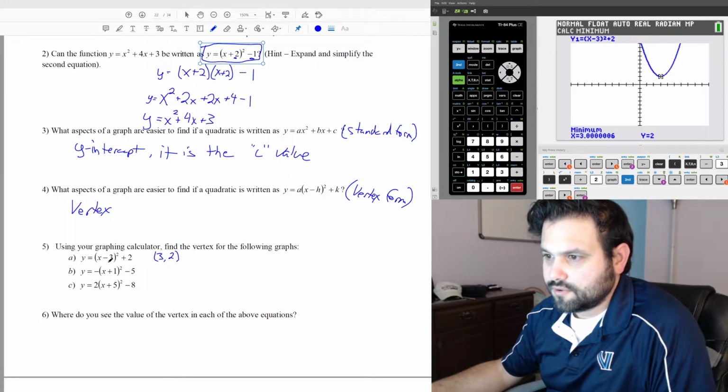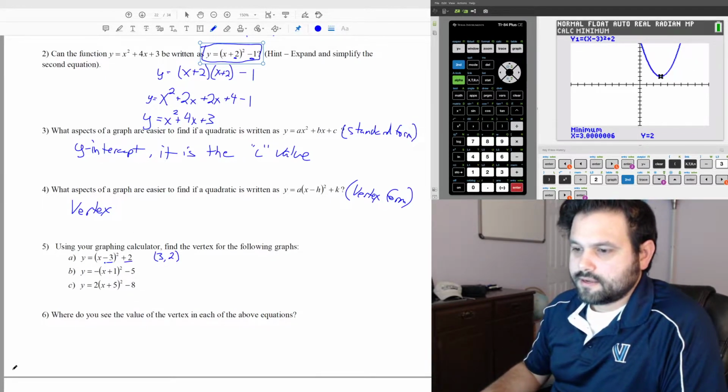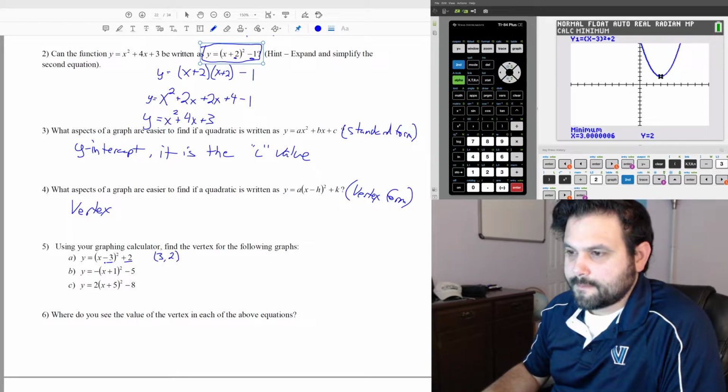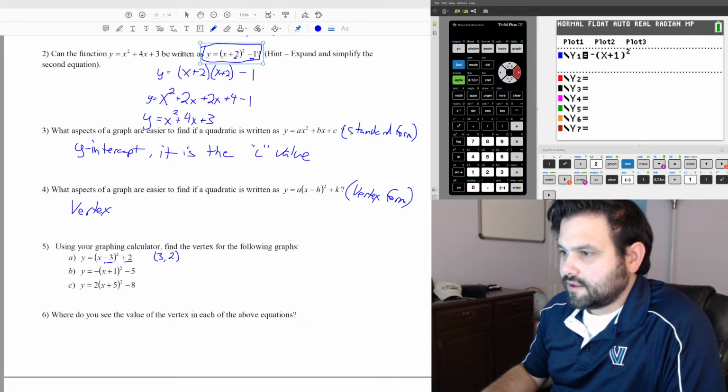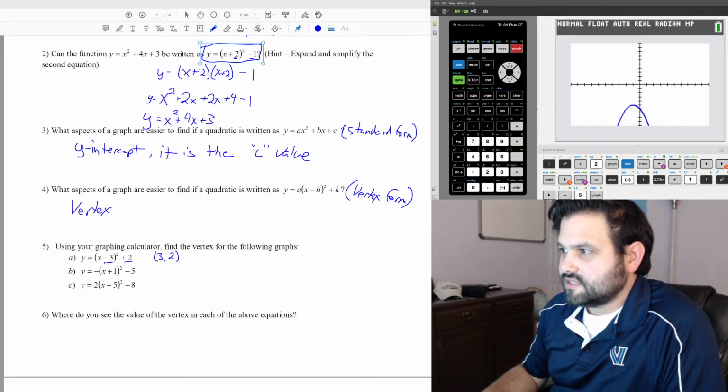Okay, so we can kind of see what's going on here maybe. Next one, let's take a look at that. Negative x plus 1 squared, and we're going to minus 5. Can I see the vertex? Yes, I can. Calculate.